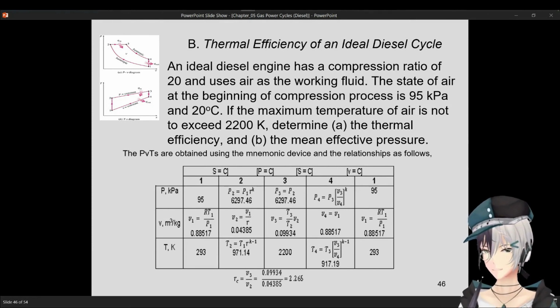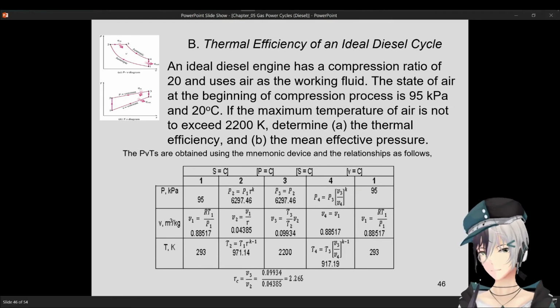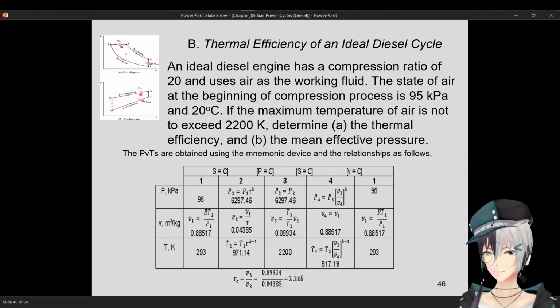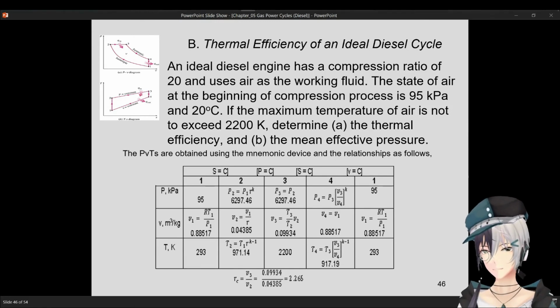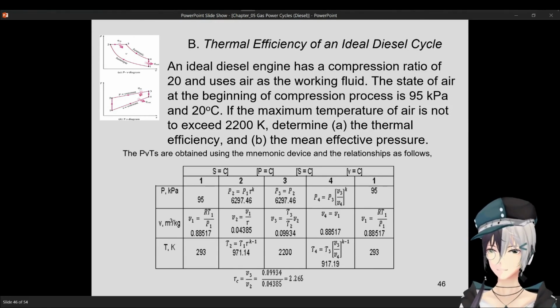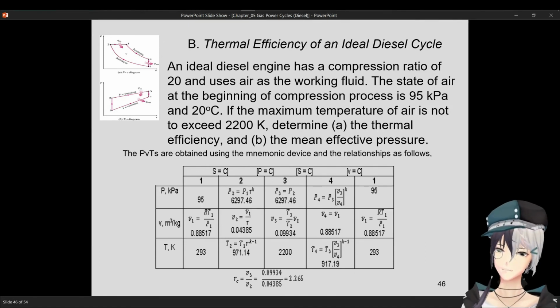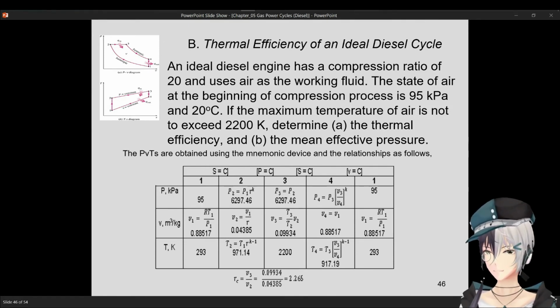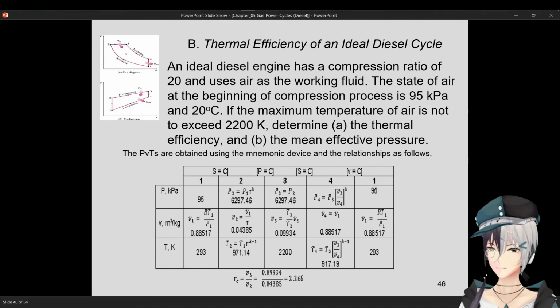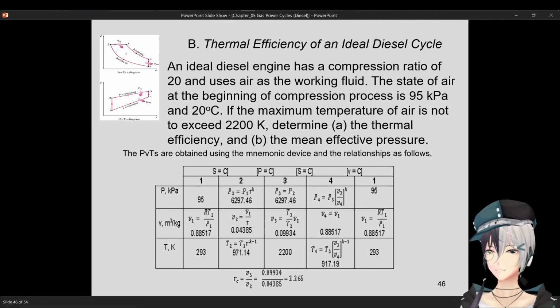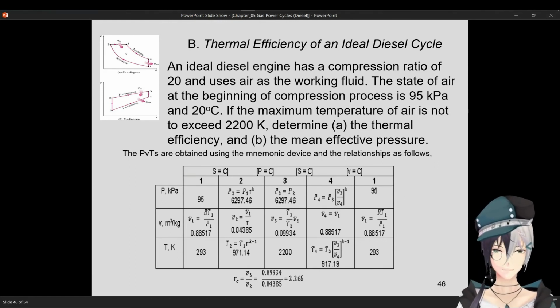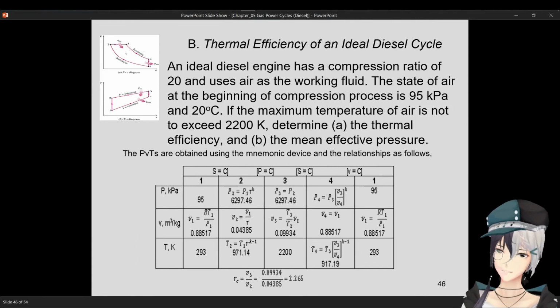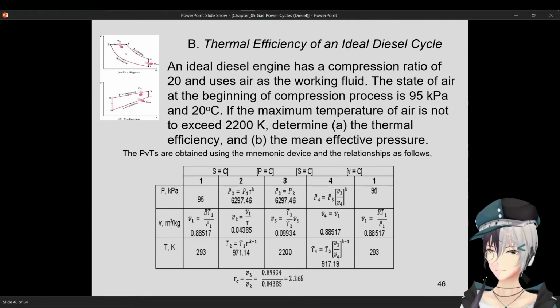And then solving for specific volume, you should be able to get R sub C. So once you get the value for R sub C, you are now ready to solve for letter A, thermal efficiency. So thermal efficiency in terms of compression ratio and cut-off ratio.